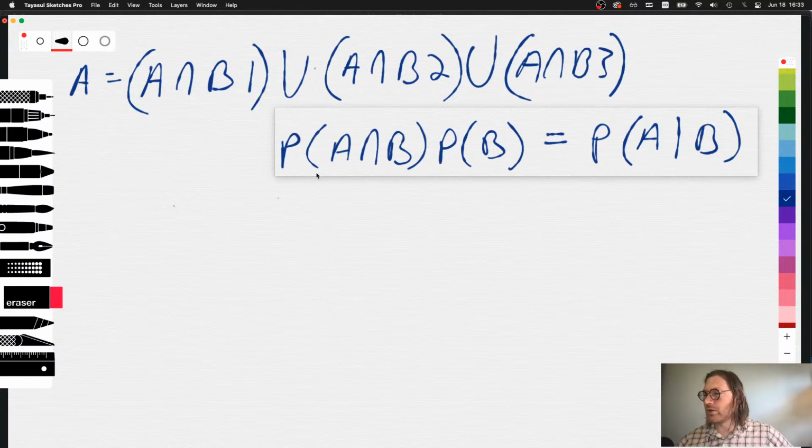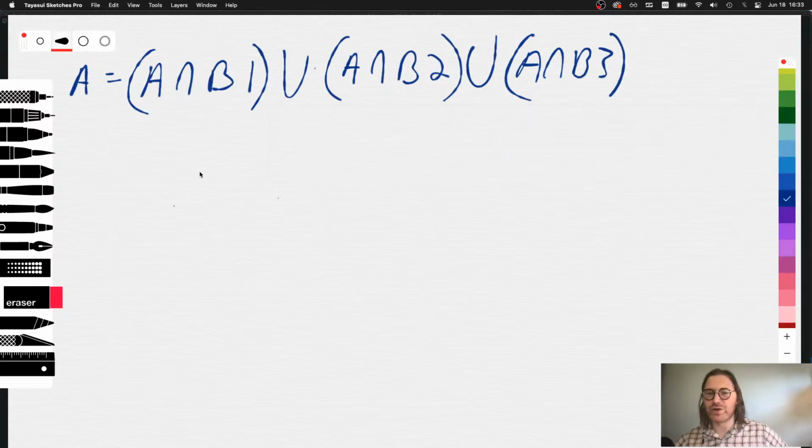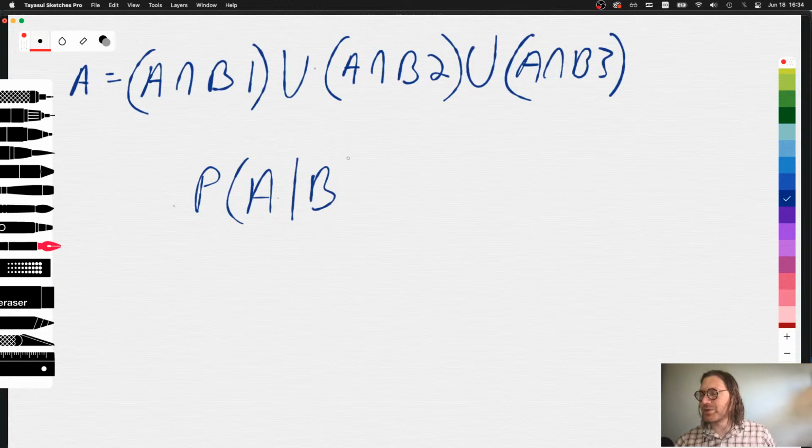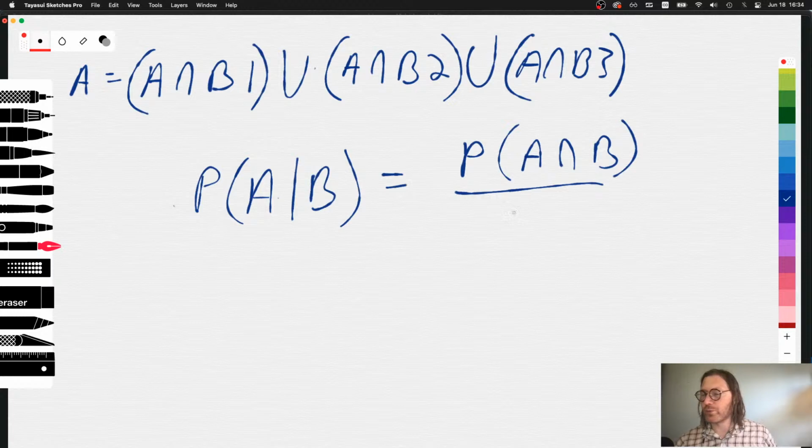We can also rewrite this a little bit further. Oh, did I write that backward? I think I did. Let me step back. Let's start at Kolmogorov's again, because I think I swapped A given B with A intersect B. My mistake there. This is the probability of A intersect B over probability of B, right?